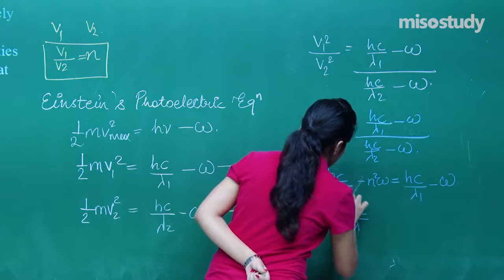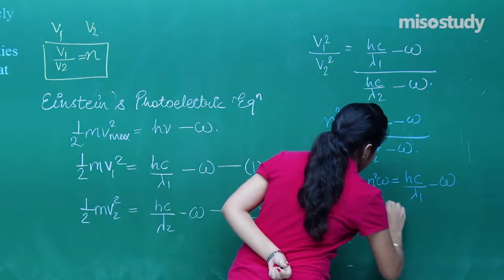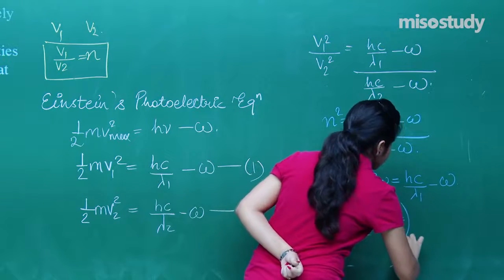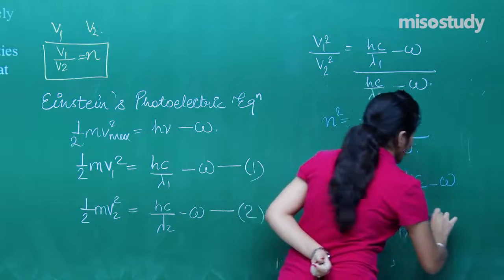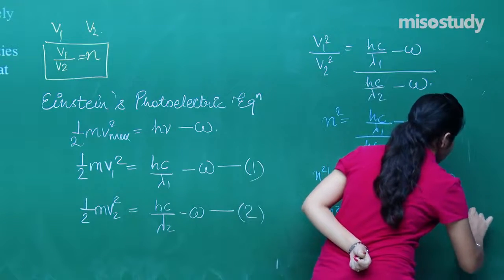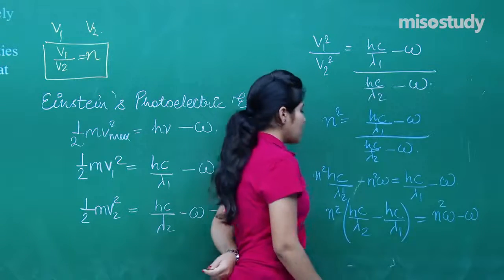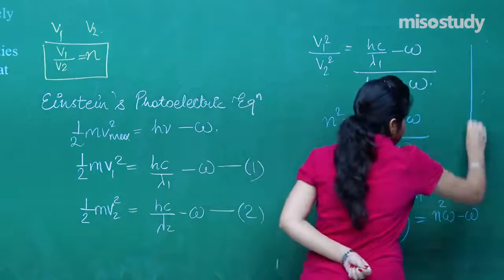This is n square hc upon lambda 2 minus hc upon lambda 1 equals n square W minus W.